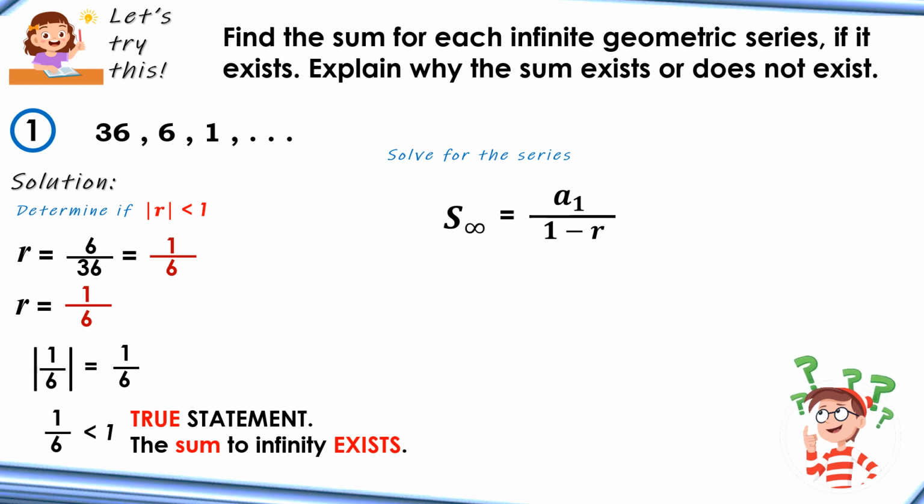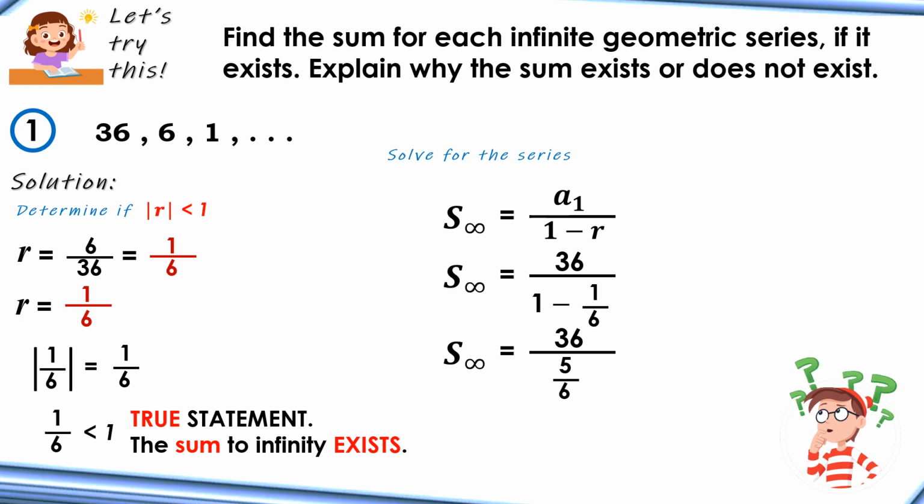That is, the sum to infinity is equal to a sub 1 divided by 1 minus r, and that is 36 divided by 1 minus 1/6, and that is 36 divided by 5 over 6, and that will give us 36 times the reciprocal of the divisor, which is 6 over 5.